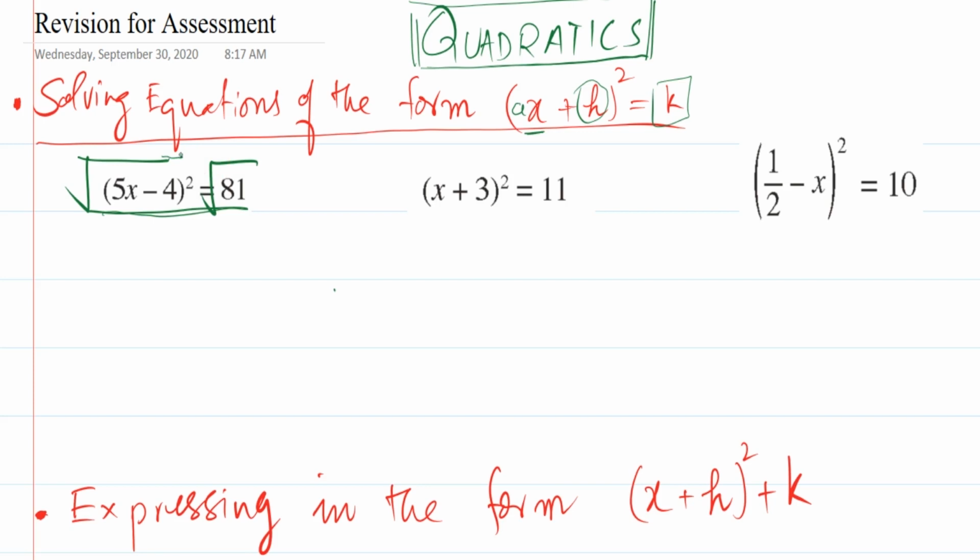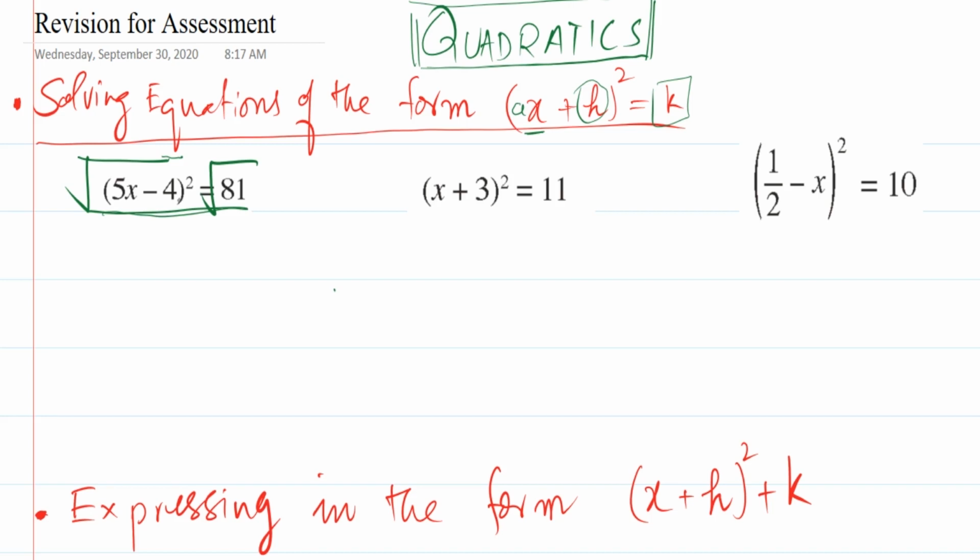I repeat again, if on the left hand side there is a perfect square with some algebraic expression, on the right side there is only a number. That number can be a perfect square or it cannot be a perfect square. As in the first example, I have taken (5x minus 4) whole square, and on the right side there is a number which is also a perfect square.